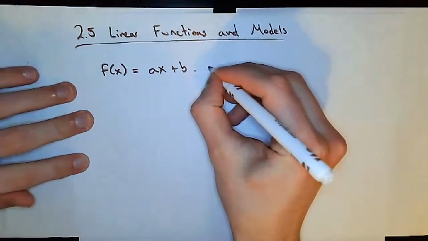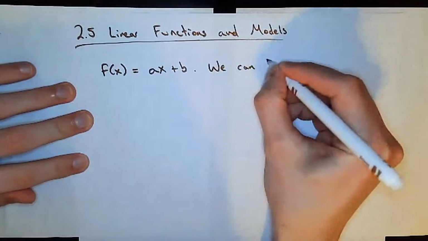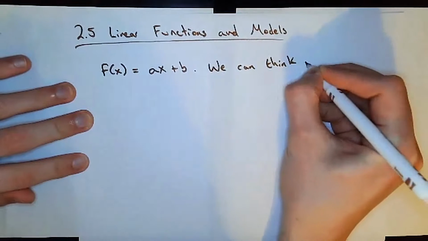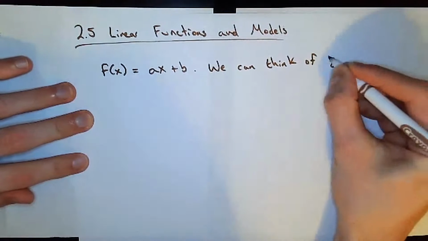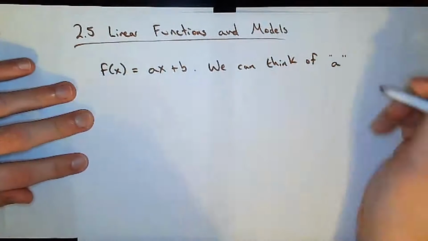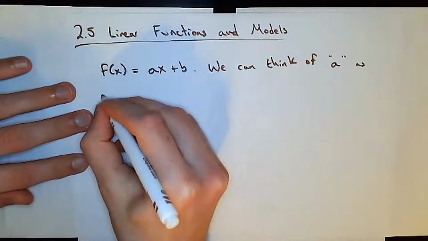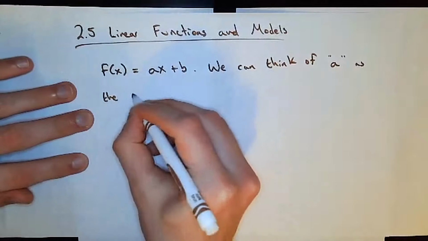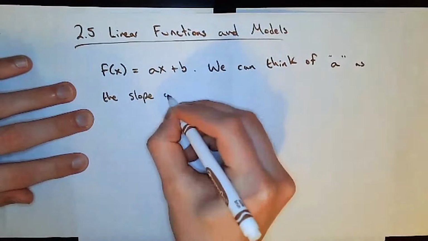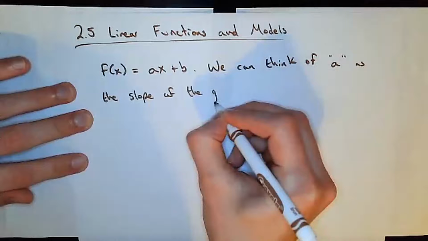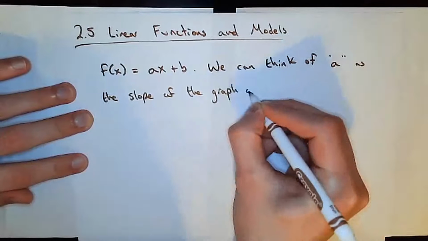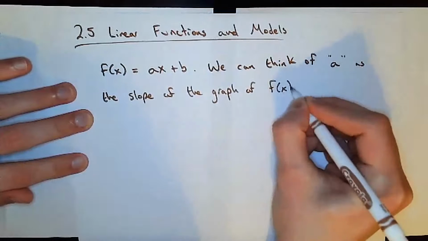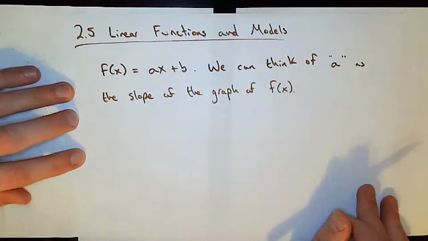Okay, we can think of that number a there as the slope of the graph of f of x, because it is a measure of the slope.